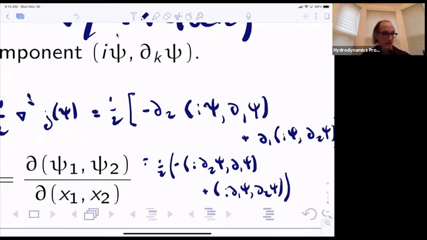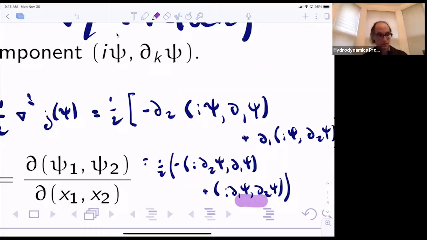And if I look up here, I can see that the second term is the determinant of the matrix whose columns are d1 psi, thought of as a vector in R2, and d2 psi. And the other thing is the same: I switch the columns of the matrix, and I put a minus sign in front when I take the determinant.